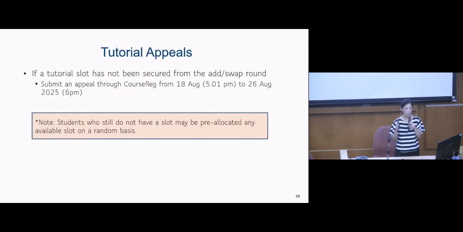So if you have not secured a tutorial slot during the AD/SWOT period, please quickly submit an appeal to ensure that you can be successfully enrolled in all the course components. If not, you have to quickly drop the course before the W period or the F grade period sets in.